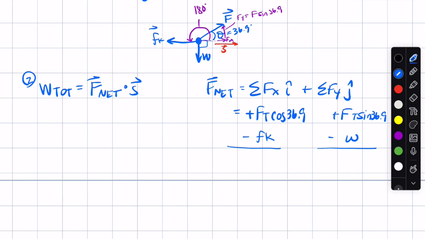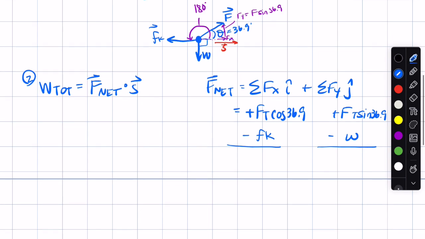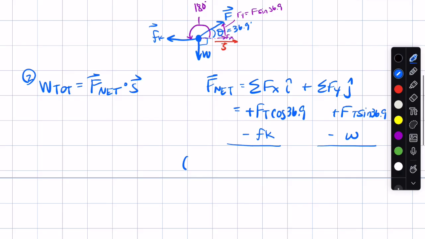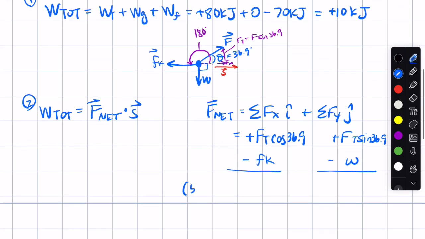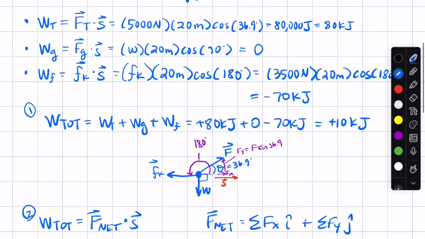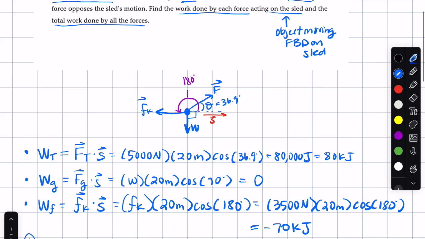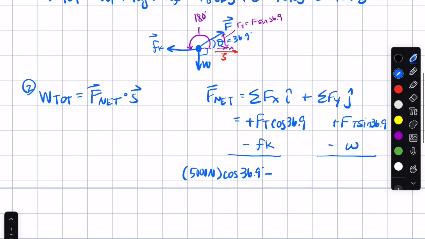All right. So the x components added together, we get 5,000 for the tractor's force, cosine 36.9, minus the frictional force, which was 3,500 newtons.